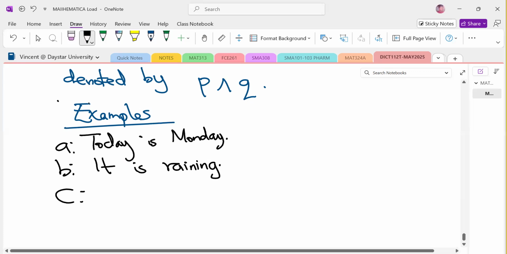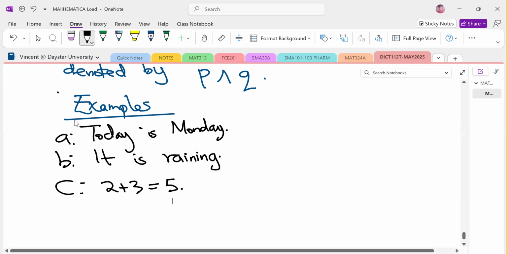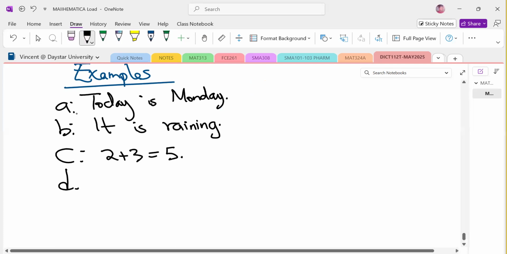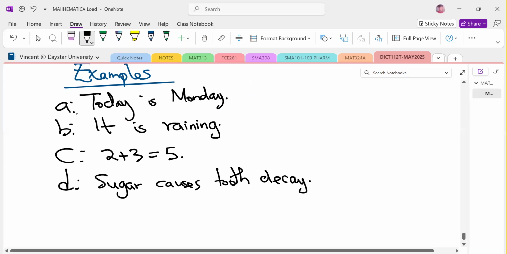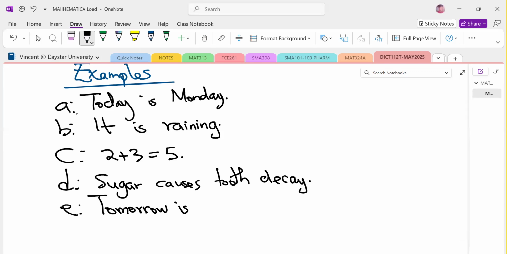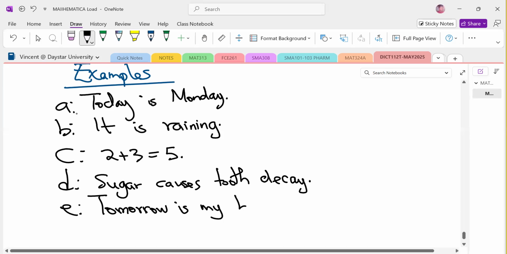Let C be the statement, 2 plus 3 is 5. Let D be the statement, sugar causes tooth decay. Let E be the statement, tomorrow is my birthday. So let's have these as our 5 atomic statements.